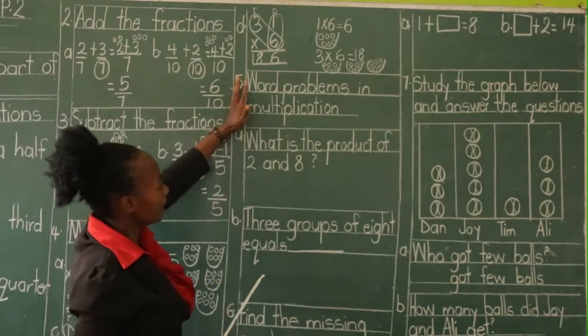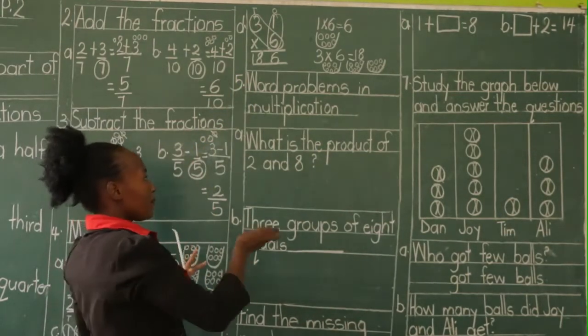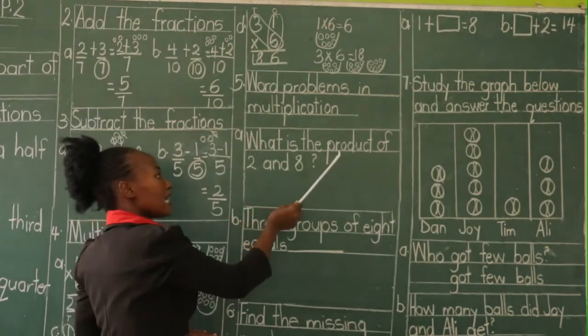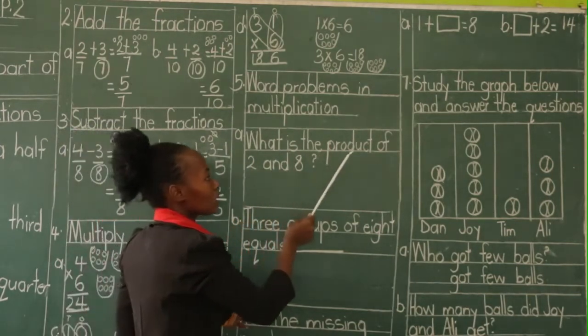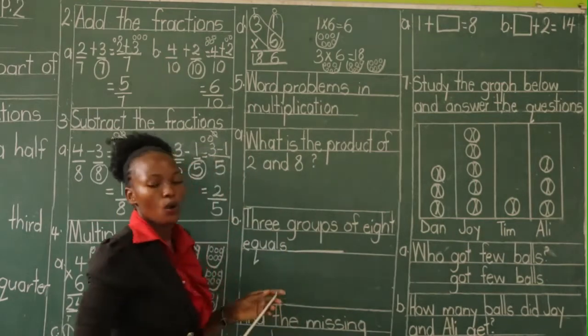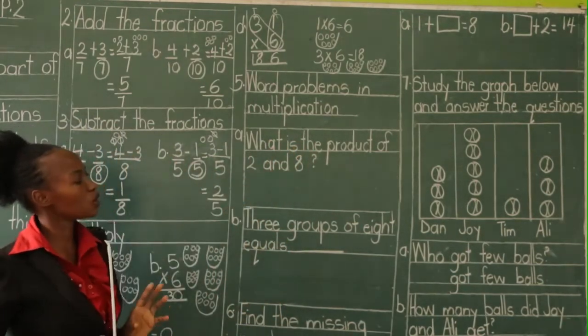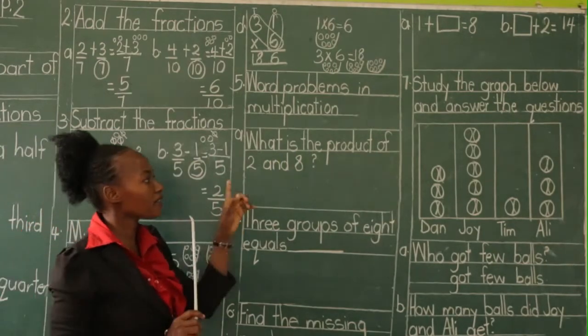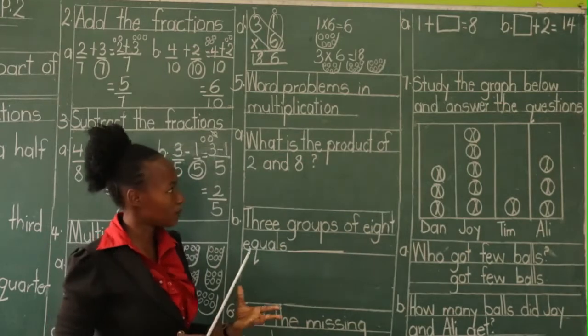Word problems in multiplication. Our first example is, what is the product of 2 and 8? When you look at this question, there is a certain keyword which you have to look at and say, whenever I find this word, I'm supposed either to add, subtract, or multiply.